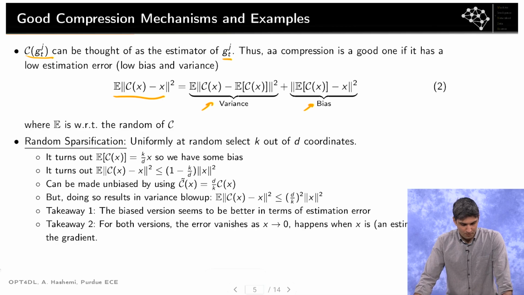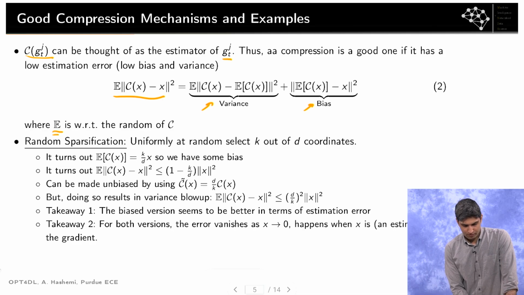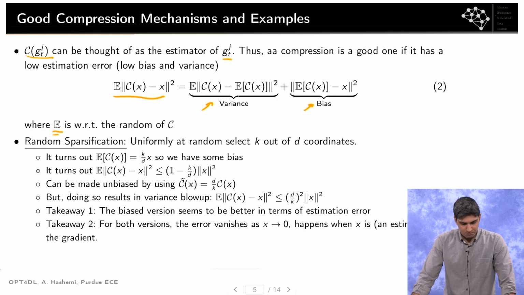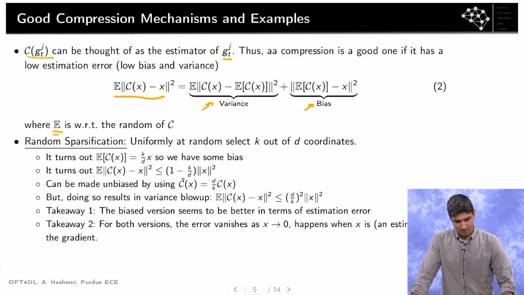Here in this definition, I've also used some expectation, because many times our compression mechanisms are actually randomized mechanisms. So there is some sort of randomness involved. The examples we saw earlier are actually deterministic, but I'm going to talk about a few examples here that are randomized.